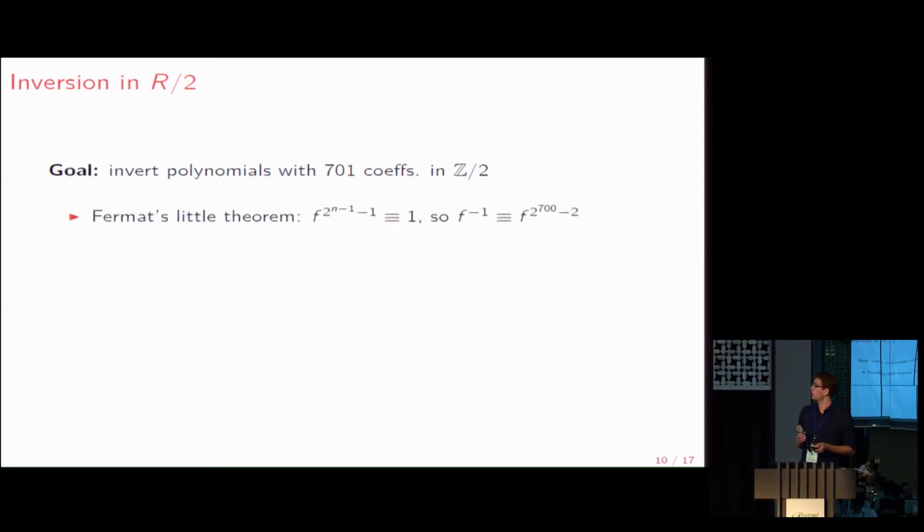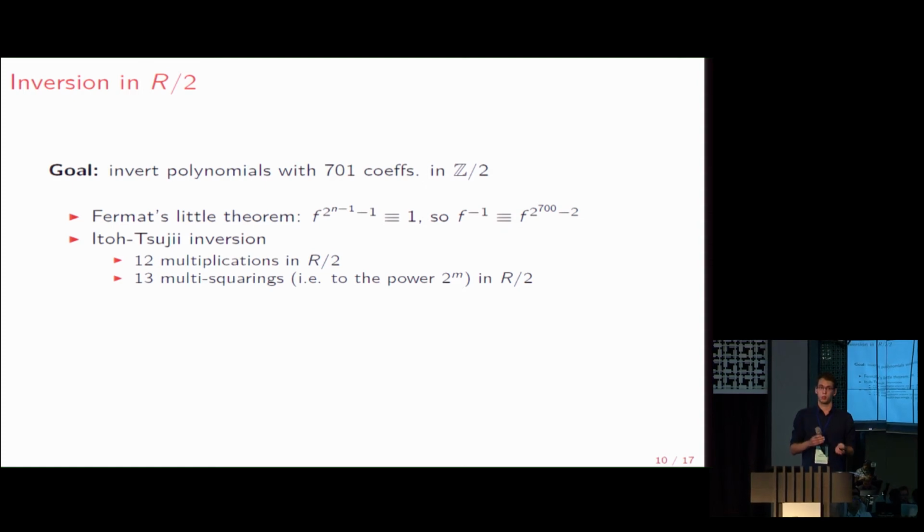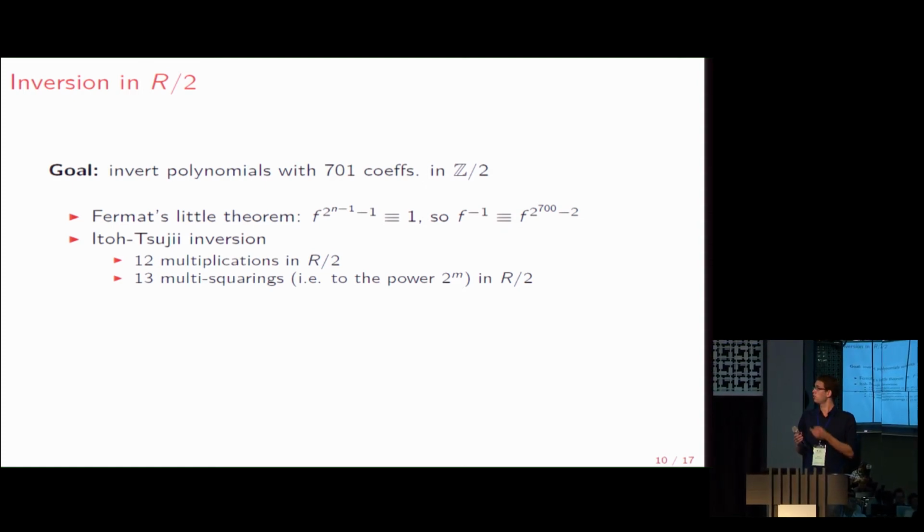Well, we have a look at Fermat's little theorem. And this is a well-known result, I guess. Then we apply an algorithm called Itoh-Tsujii inversion. By finding an addition chain, you can combine multiplications and multi-squarings to do this large exponentiation. And essentially, this gives us the inverse.